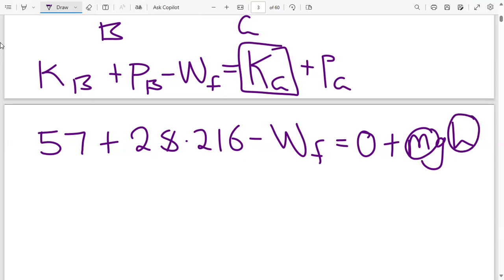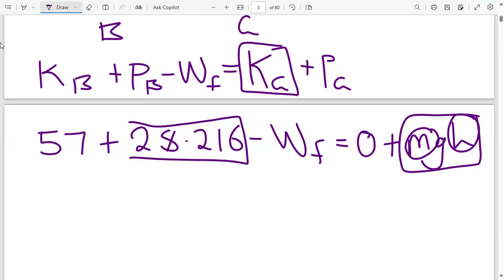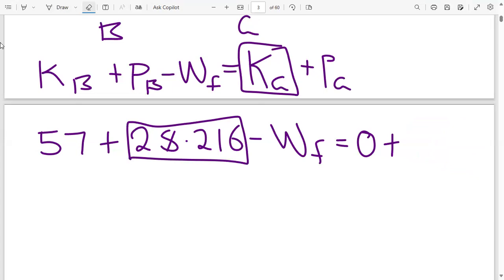And remember, when calculating the potential energy at point B, we also used 7 as height, which means this gravitational potential energy at point C is the same as the gravitational potential energy that we have at point B. Hence, I'm just going to plug in 28.216 there.